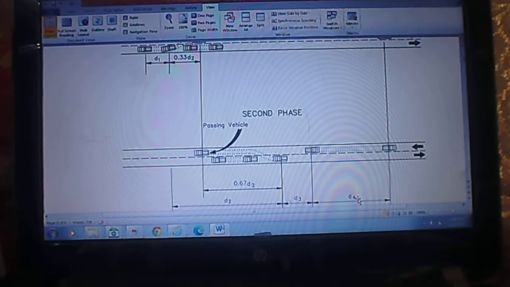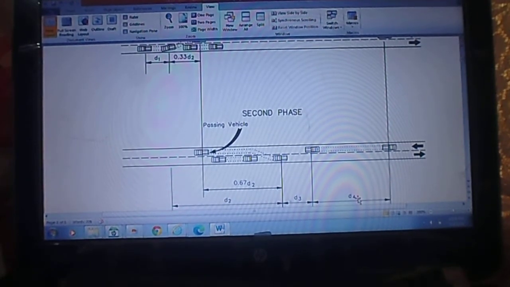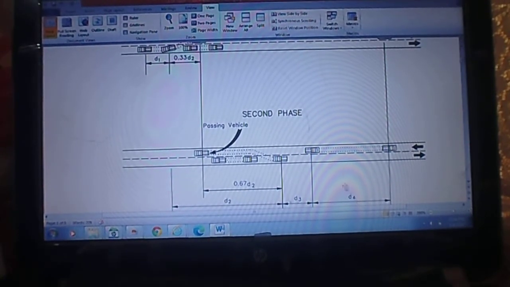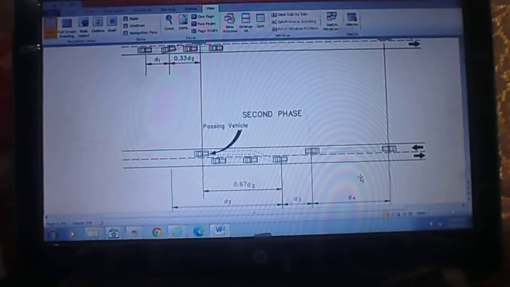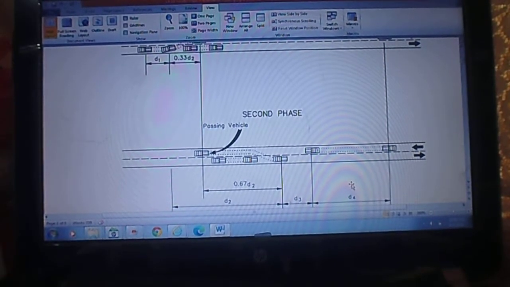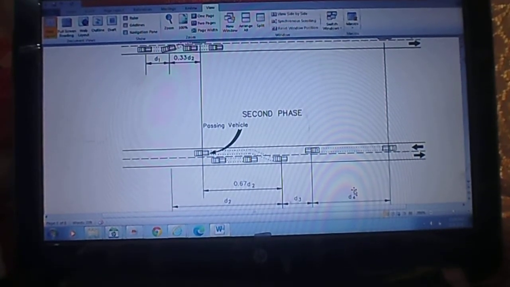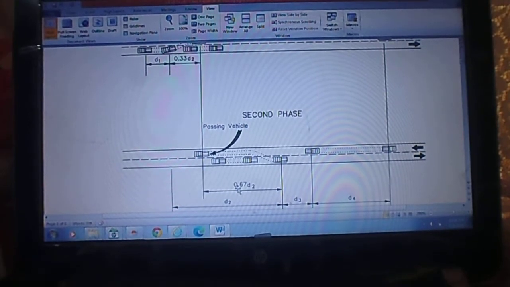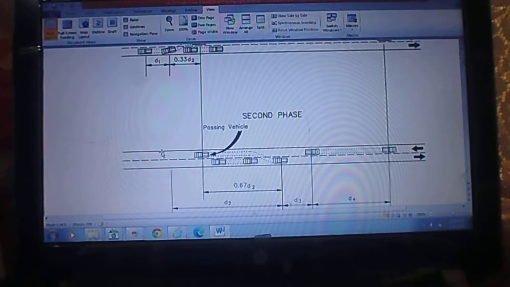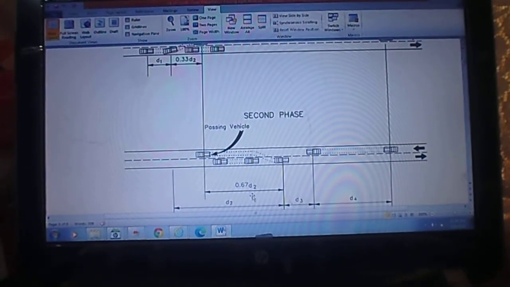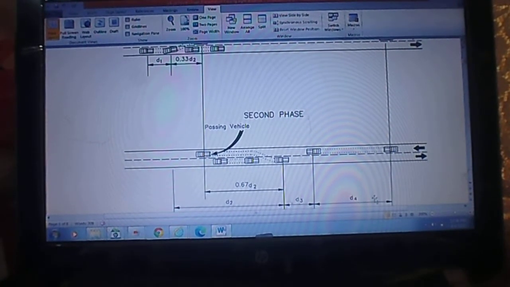The d sub 4 is computed using the formula distance equals time times the speed. The time t sub 4 is computed using 66% of t sub 2. So t sub 2 is the time spent by the passing vehicle along the left lane. 66% of that is t sub 4.